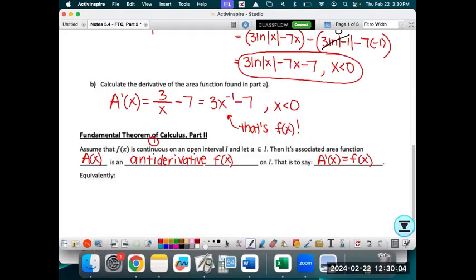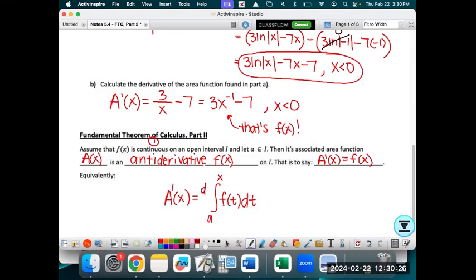So basically, if I have my integral, and you might want to just see me write this first. If I have my area function, A of x, I'm just going to write the general one. And I go to do the derivative of that.